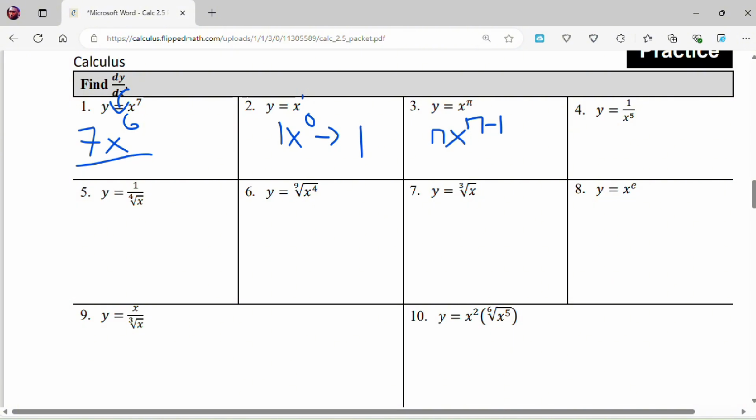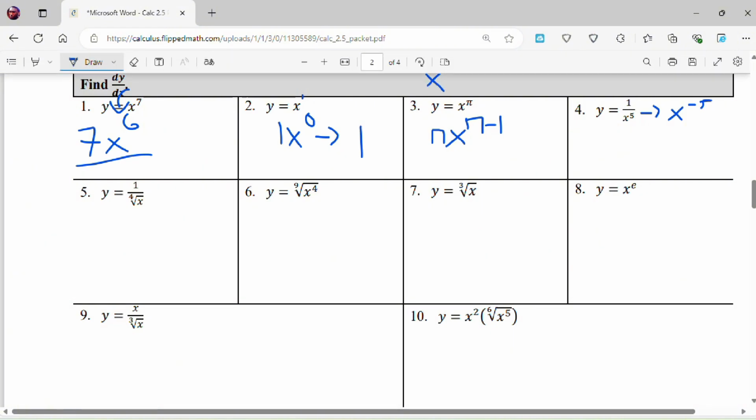So we have to move it to the top. Remember, if you move an exponent to the top or bottom, it becomes negative. And so this becomes x to the negative 5. And now we can use our power rule because our function is in x to the n form.